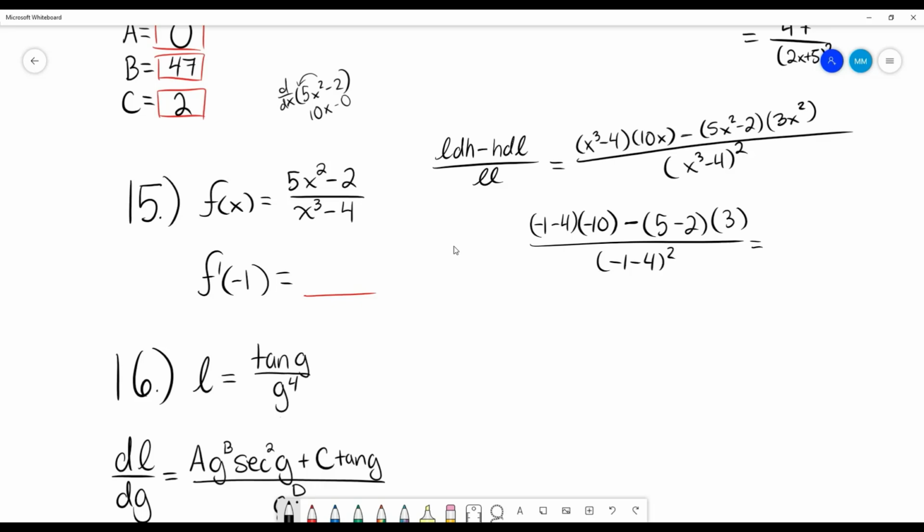Okay, so now I've got a -5 is what that is, times a -10 minus 3 times a 3. So that is a 50 minus 9 over, that's a -5 squared, which is 25. So let's see, we get 41 over 25.